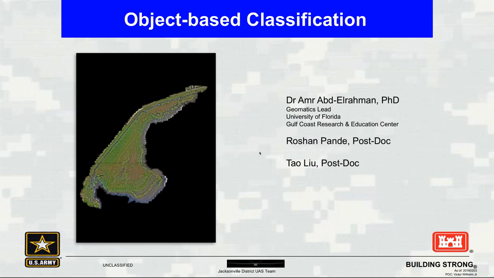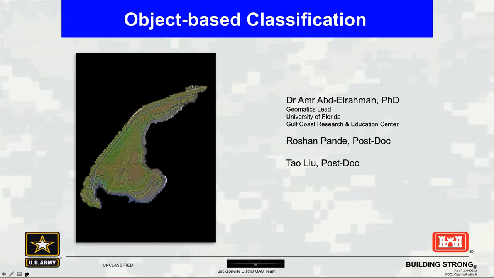We may not care how many acres of this X species plant is. We're just worried about Y. We're just worried about Z. But we're able to get to where we can do that based on different classification methods. Next slide, please.